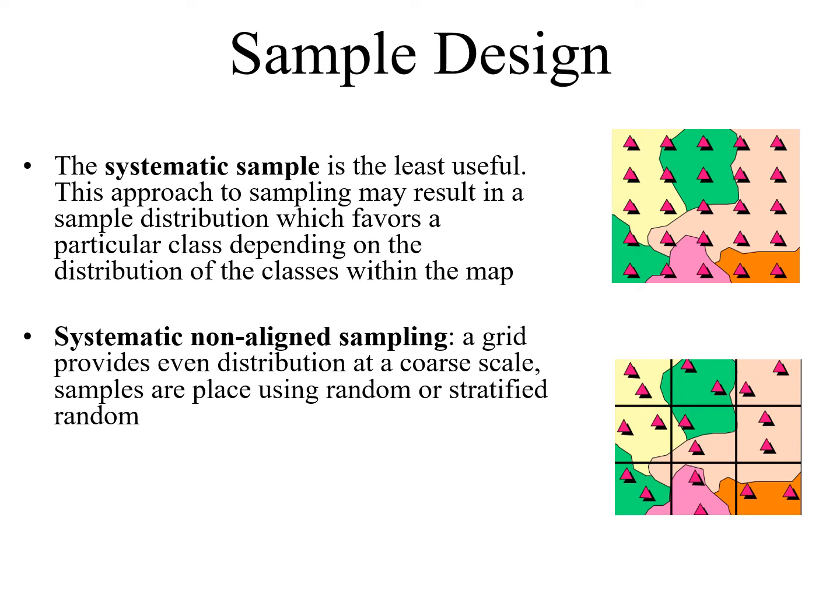A systematic sample is actually the least useful design. This approach to sampling just lays out points on a grid. That is great from the perspective that you don't have to worry about whether you're sampling throughout your scene, but it may result in a sample distribution which favors a particular class depending on the distribution of the classes within the map.